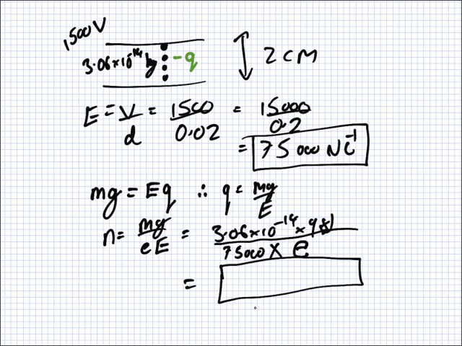What are you looking for? The charge constant of an electron, which is the symbol E on the calculator's constant list. It's just E? Yeah.